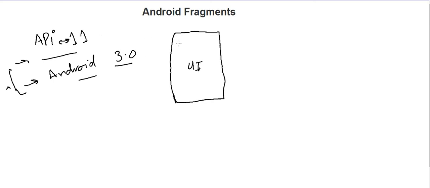The concept was to divide the screen into multiple components, each having a certain functionality, like sub-activities. Each of these child components of the main parent activity can have a separate UI and a separate functionality. That's why the fragment came.